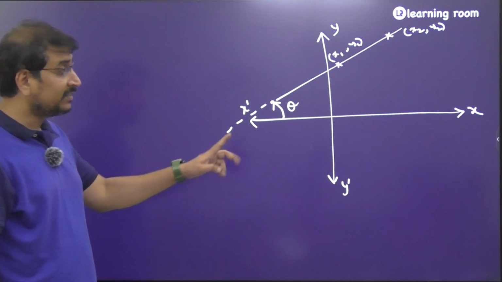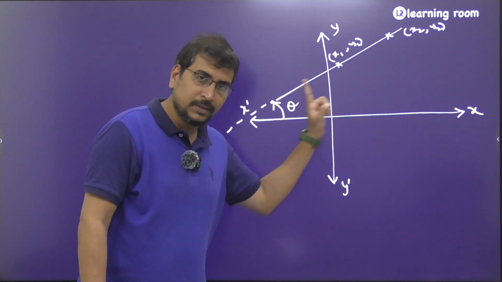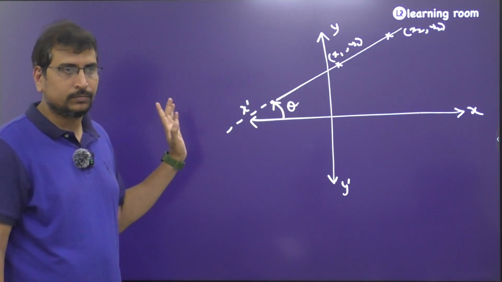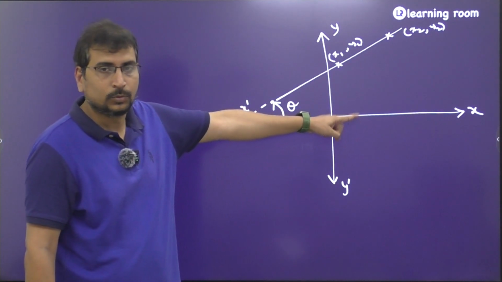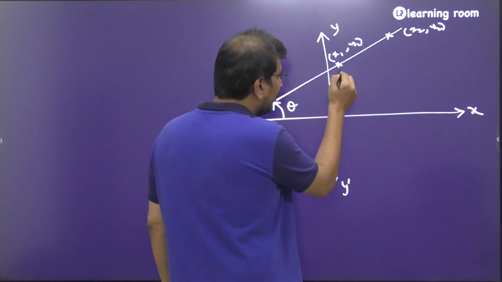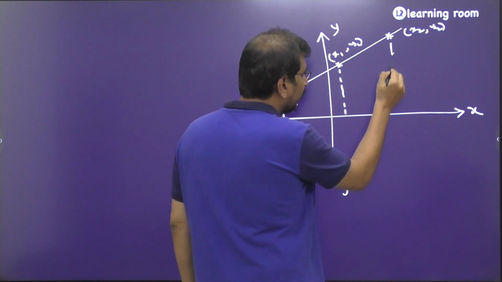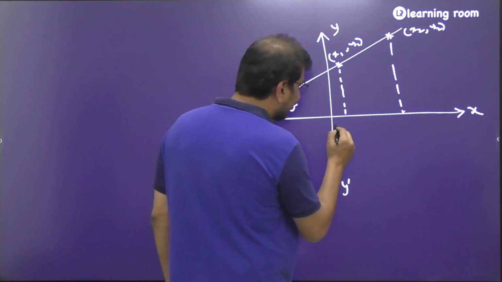So I'm very clear, I didn't say positive x-axis. I told only horizontal. When I say horizontal, the axis can either be positive or negative. Don't get confused about that. So you told positive, then why didn't you take it in the first quadrant? No. Having said this, from here, if I drop a perpendicular, and from here, if I drop a perpendicular, then what is this distance going to be?